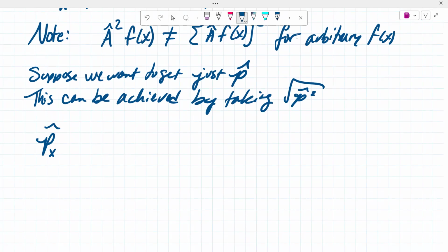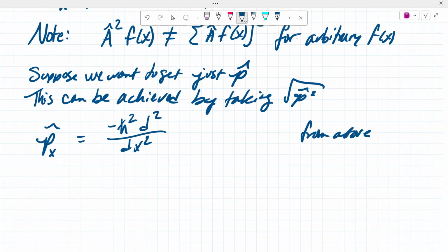So let's just work in only one dimension. So we'll do p x hat, which just means we work in the x direction, equals negative h bar squared d squared over dx squared. Let me recognize this as an operator and realize there's an open box here to substitute in some function, right? Okay. So now we're going to take the square root.